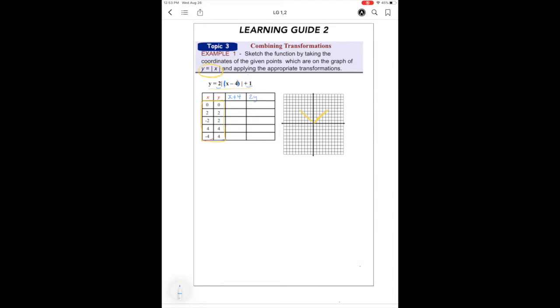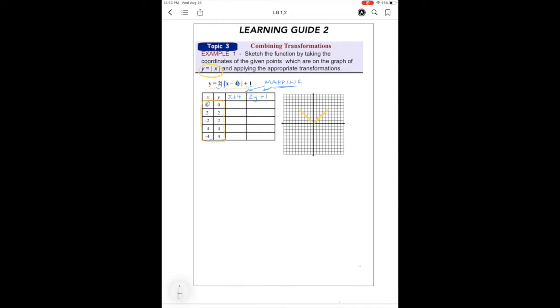So 2y plus 1 means it's vertically expanding by a factor of 2 and shifting up 1. Now once you've got the mapping, and that's critical, understanding the mapping and this notation, it's basically just plug and chug.